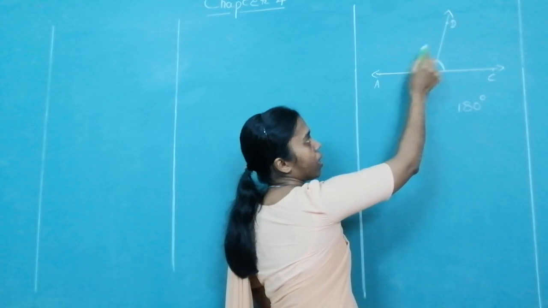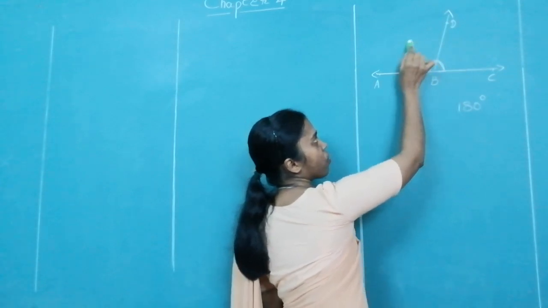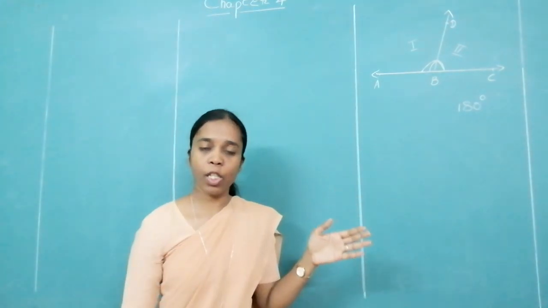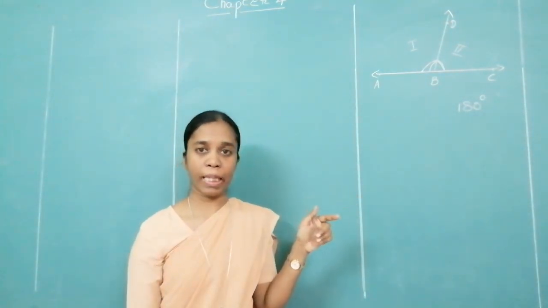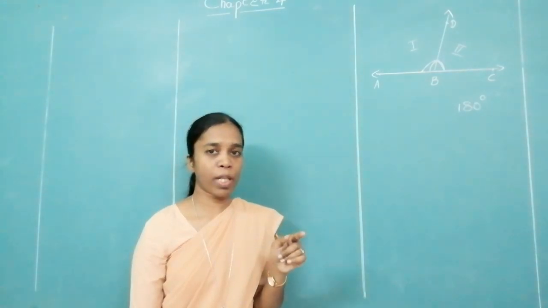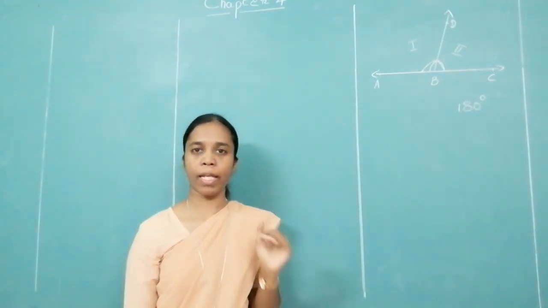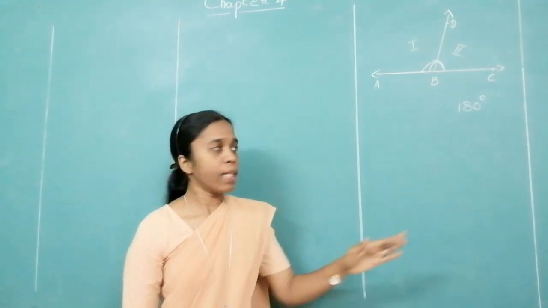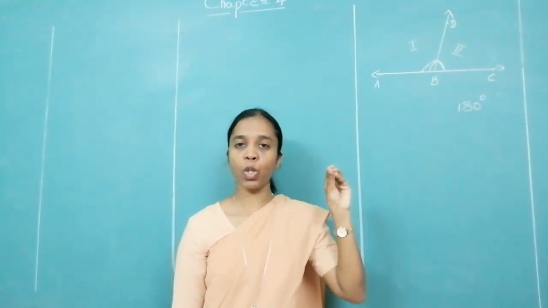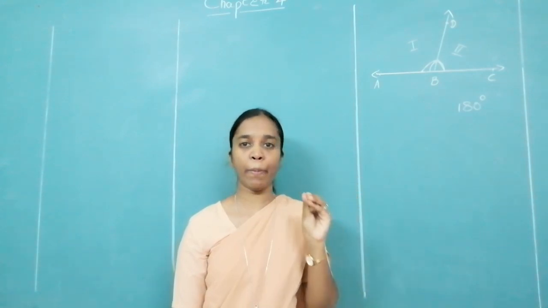That is this angle plus this angle. Suppose I name this the first angle and this the second angle. First angle plus second angle you will be getting 180 degrees, which means they are supplementary angles. Since these angles give you 180 degrees, we also call them a linear pair.